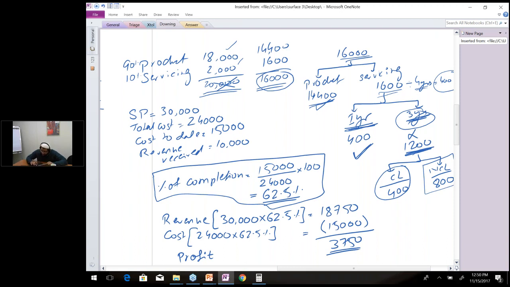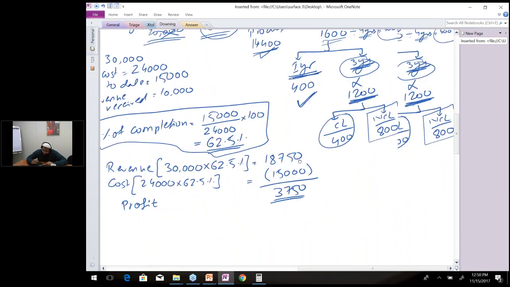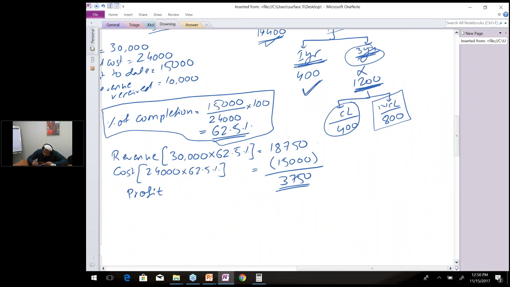Now, if you prepare the double entry, do look at this carefully. This is something difficult. The entry of revenue is going to be receivable debit, in fact, bank debit, revenue credit.